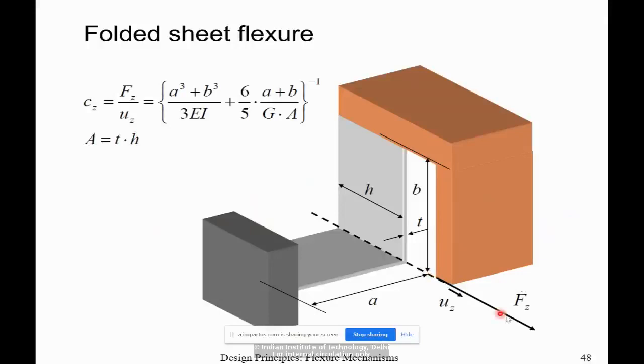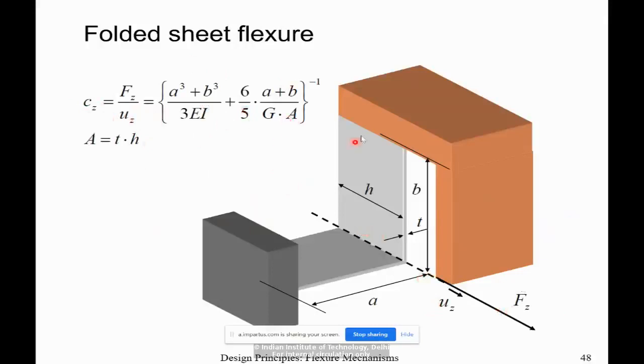If there is a force Fz applied along the fold line and Uz is the displacement, then you talk about the stiffness in the constraint direction, and you get these components. These two components are mainly one because of bending and the other because of shear.